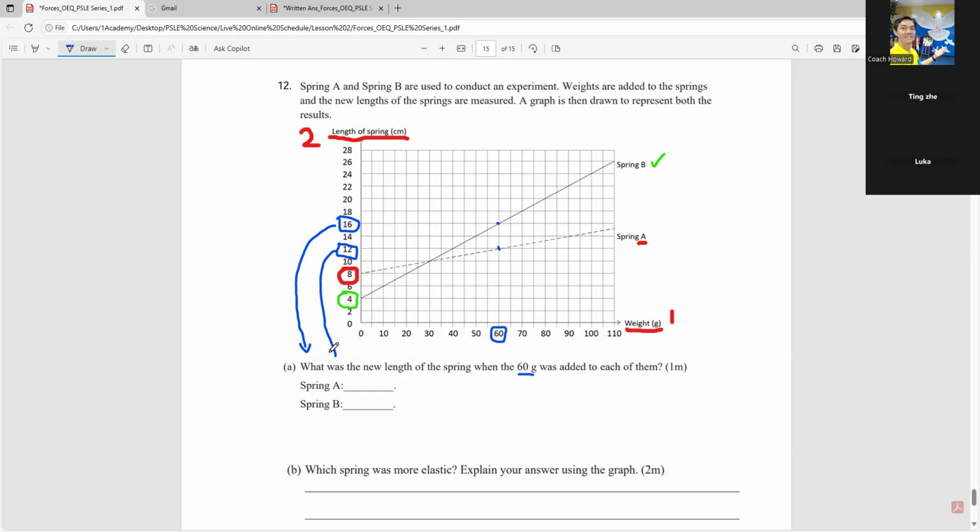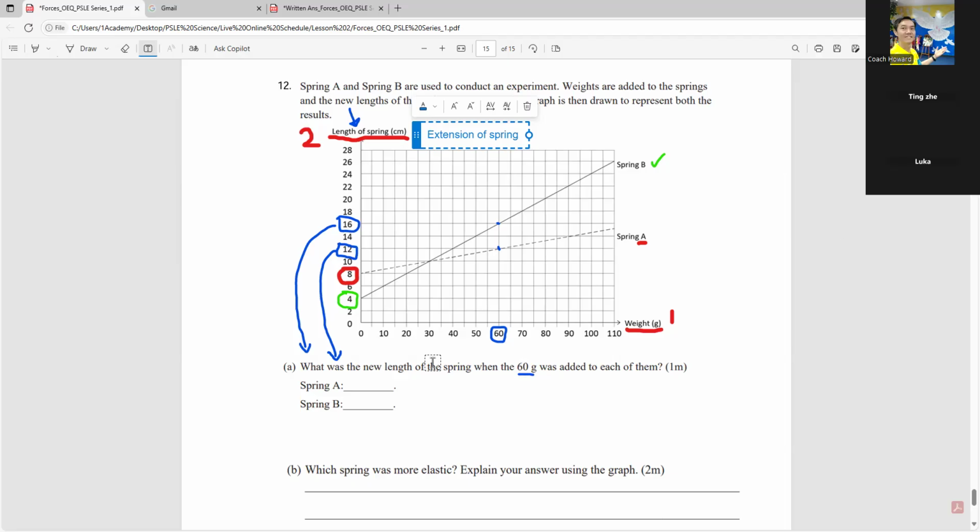Okay, bring down. So they say, what is a new length? Okay, can you see this is the length of spring? So length of spring, you need to calculate because sometimes they show you the total, they show you extension. Instead of length of spring, sometimes this vertical axis, they may show you extension of spring. So in that situation, you need to calculate.